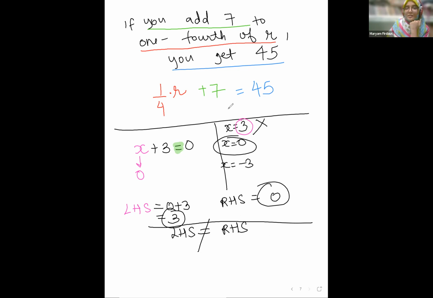Next, try the third part, x is equal to minus 3. So let's put x is equal to minus 3. Now tell me, what does your LHS, left hand side, become?